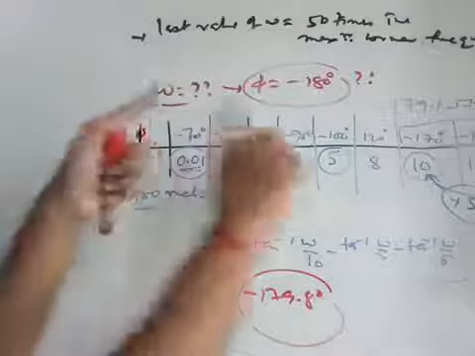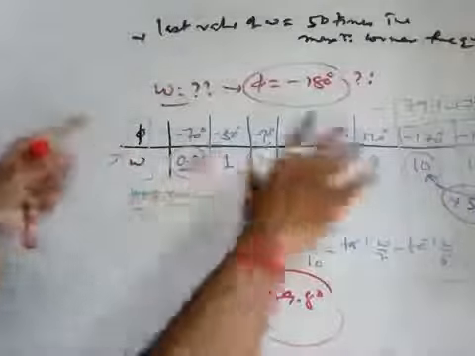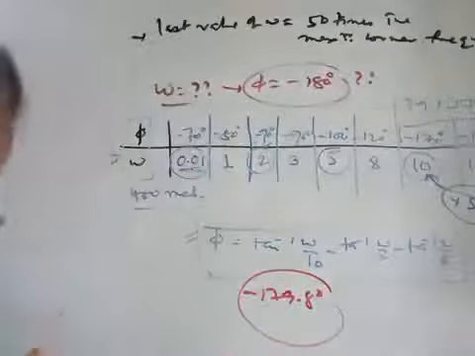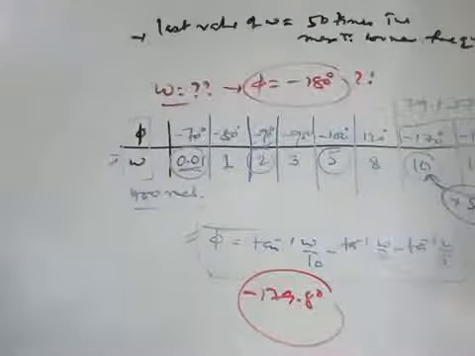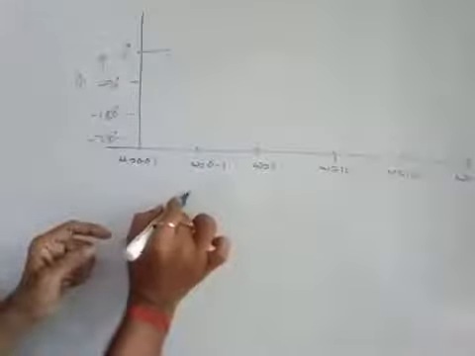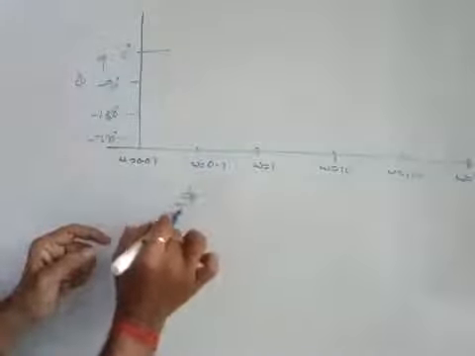So that is the way, by using this table, you plot this graph. I will try to draw a graph. Here I have drawn one phi versus omega table, which I have calculated.